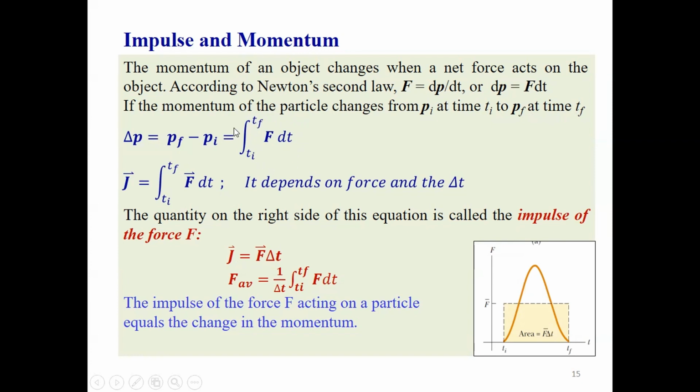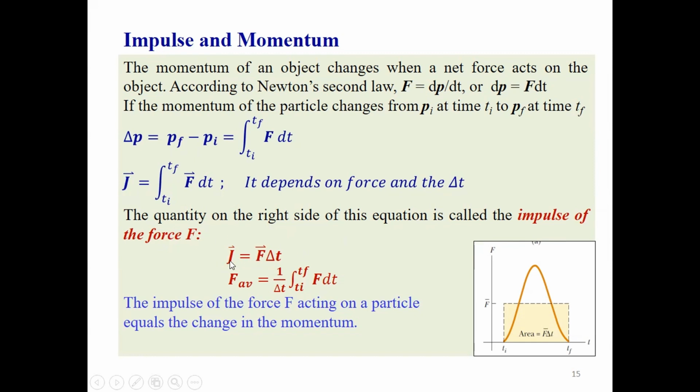The quantity, this integral of force F into dt integrated from ti to tf, is basically the quantity termed J. It depends on force, it depends on delta t. So this quantity is called impulse. It is the impulse of the force.